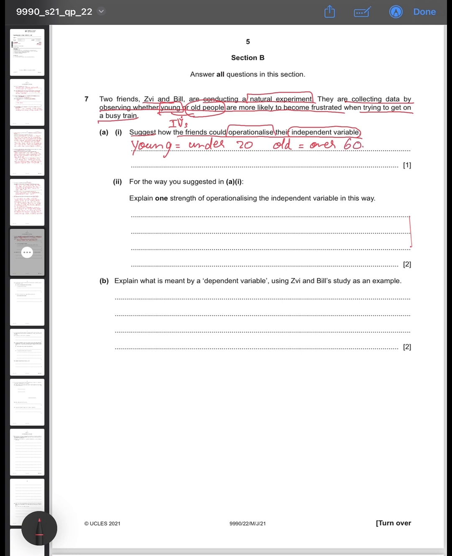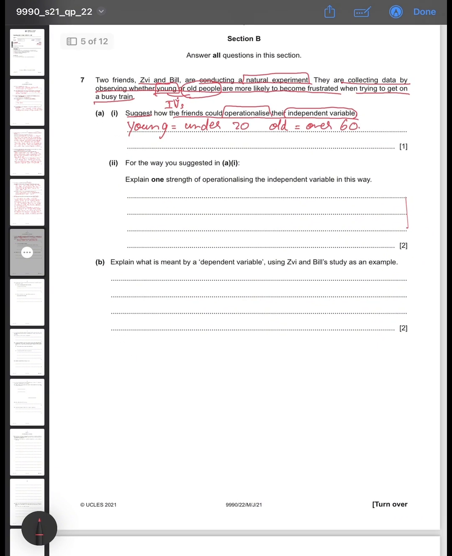If you're just writing young and old people, that is not going to be the correct answer. You are going to get 0 for that because that is just you telling what the IVs of this study are. You need to tell how the two friends can operationalize young and old.